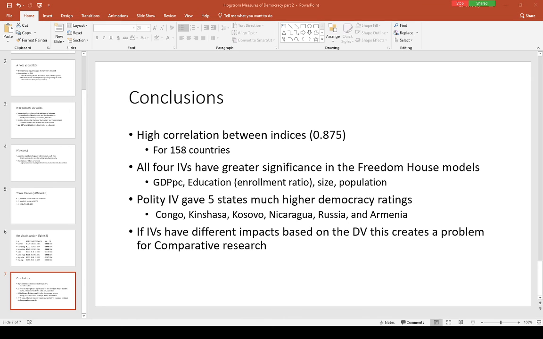The problem is that significant differences occur when you deal with population and education and GDP per capita. This is a really big problem for some states dealing with Polity 5. The Congo is treated as a democracy under Polity 5, but it's treated as an autocracy by Freedom House.